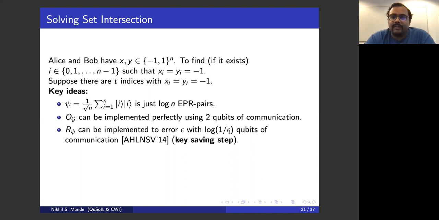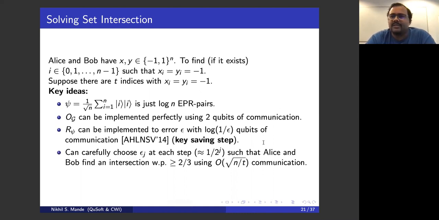So basically, you can reflect around ket psi with constant communication if you're willing to tolerate constant error. And the rest of the analysis is basically choosing these epsilons carefully. And it turns out that the communication complexity of the resultant protocol is basically the query complexity of the protocol we started with, just a constant factor overhead.